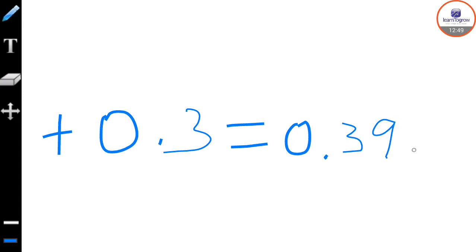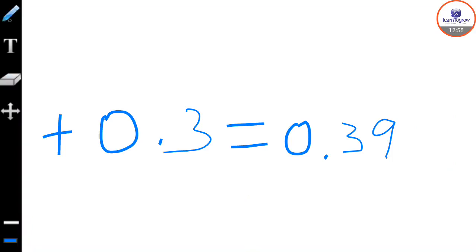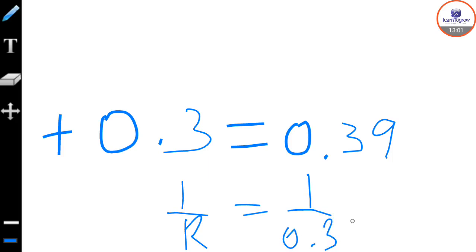Okay, sorry, basically this is 1 upon R, and for R we will do the reverse.